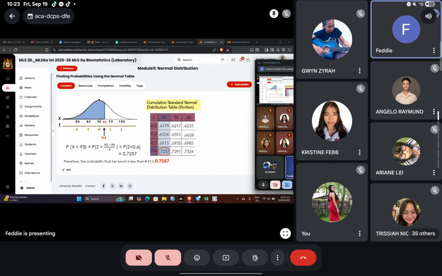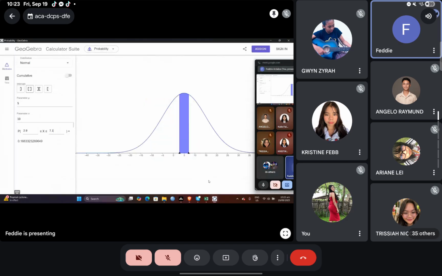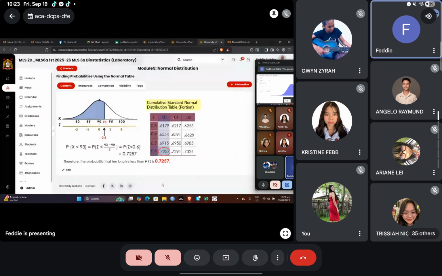And using our GeoGebra here, with parameters 90 and 5, and x less than 93, it gives approximately 0.7257, which is the same as this one.